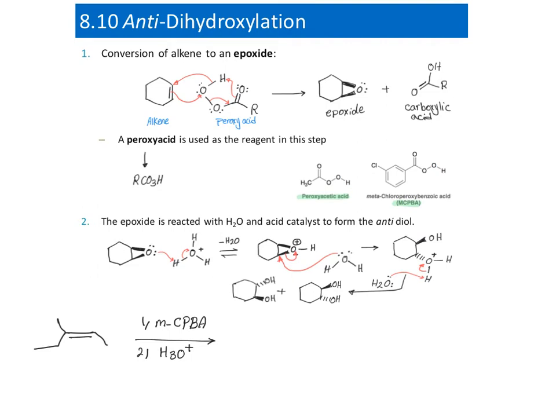So when we see these reagents, we need to think about addition of two OH groups across the double bond in anti fashion. So one of them is in wedge and the other one must be in dash, because I'm forming two chirality centers, and also I need to draw its enantiomer as well.